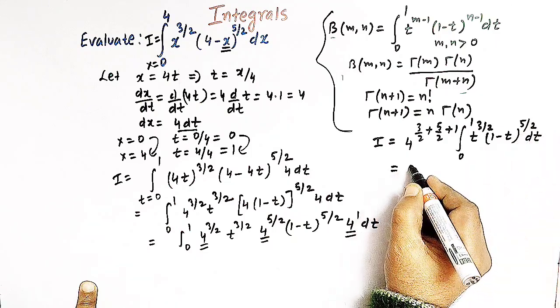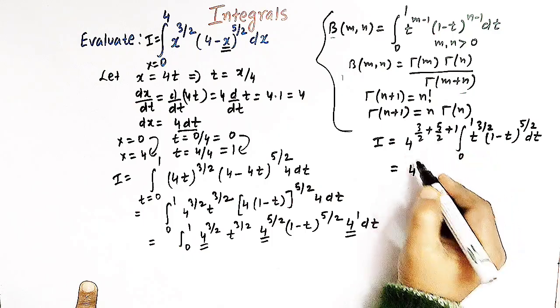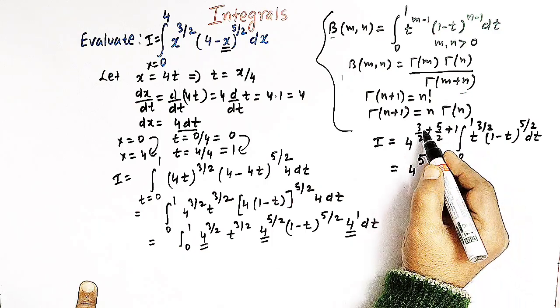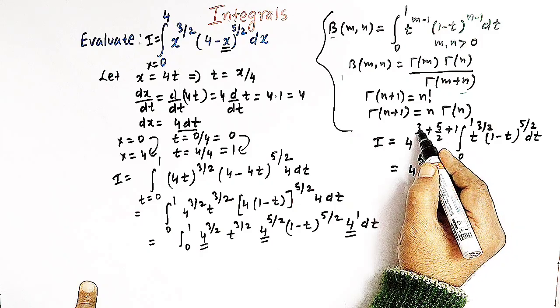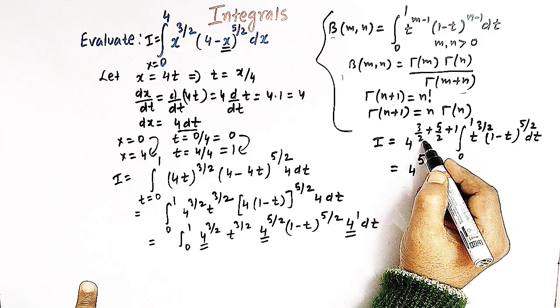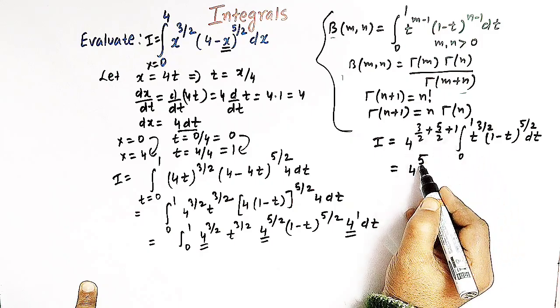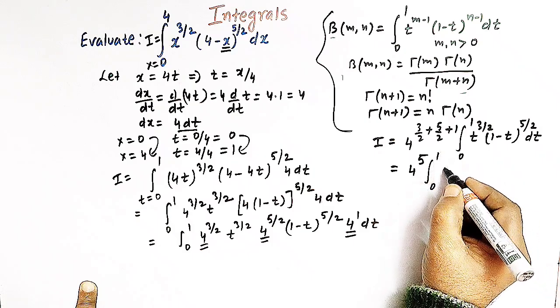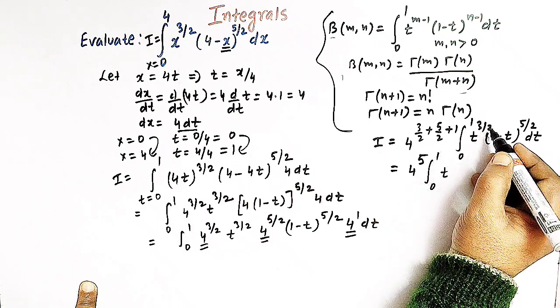So now this expression is equal to 4 raised to 5, because here 5 plus 3 is 8, 8 over 2 is 4, 4 plus 1 is 5, and we can now write 0 to 1 and t raised to 3 by 2.